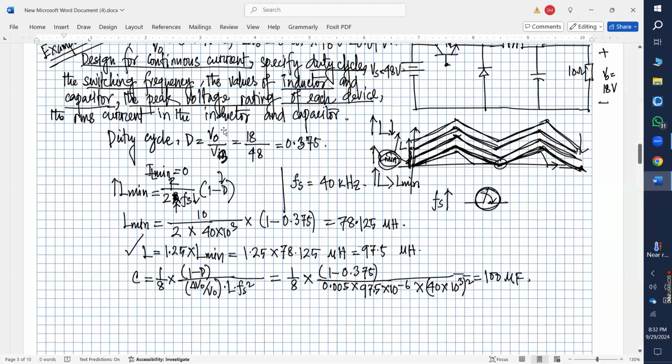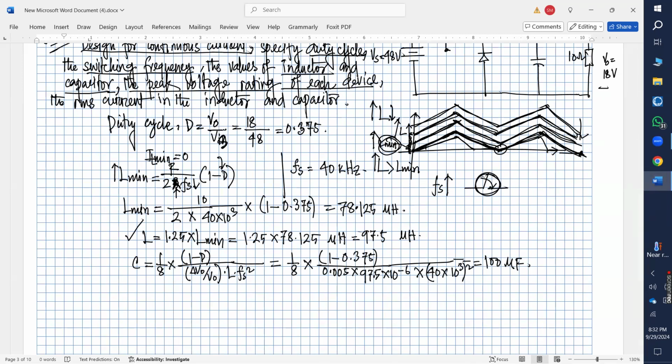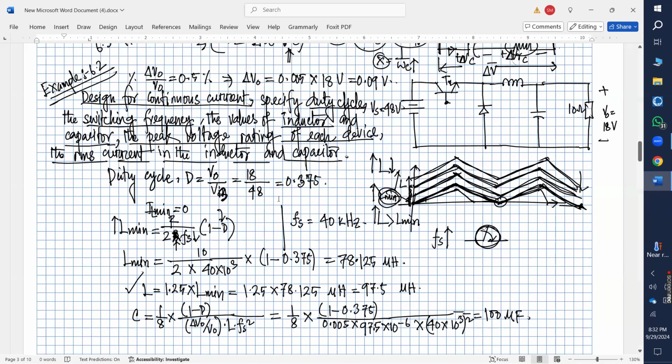So now it says the peak voltage rating of each device and the RMS current in the inductor and the capacitor. What should be the current rating of this transistor?